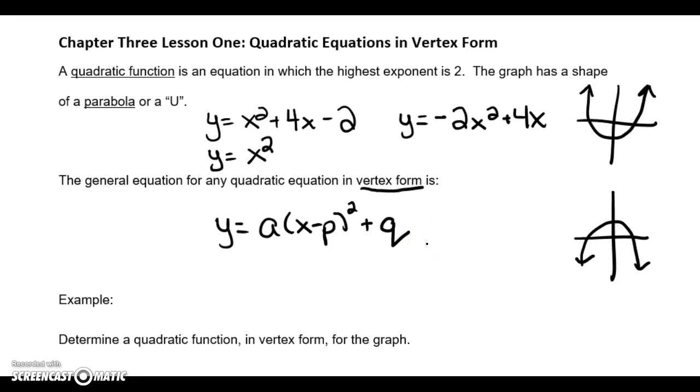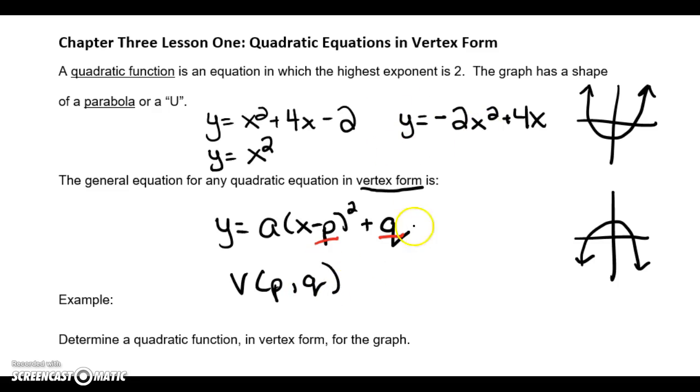One thing that's really important about this equation is that it gives you the vertex, which is why it's called vertex form. Your vertex is the p value and the q value, so your vertex would be at p and q.